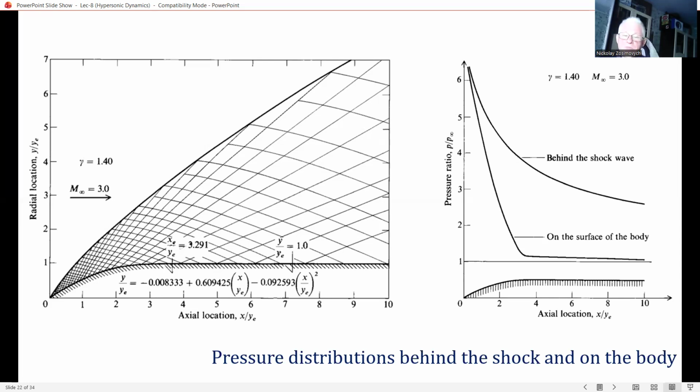For the convex streamlines over the body in both left and right figures, the pressure quite naturally is going to decrease from the shock to the body, as originally discussed in conjunction with our left figure.